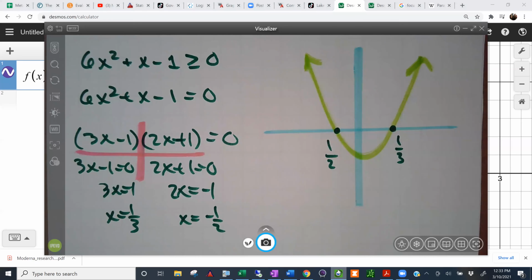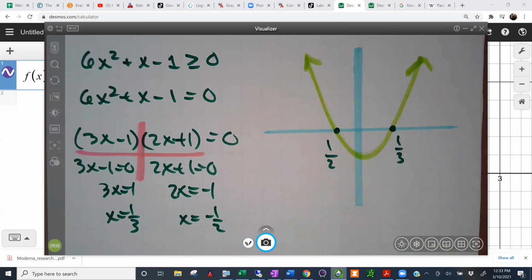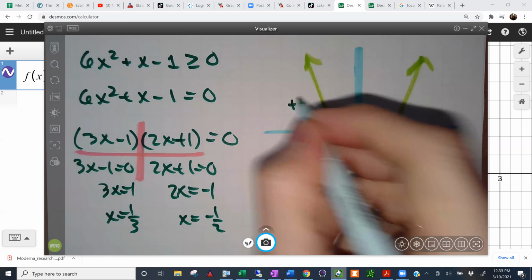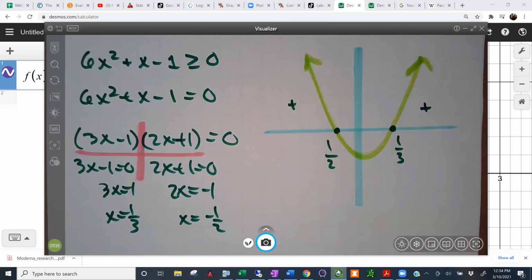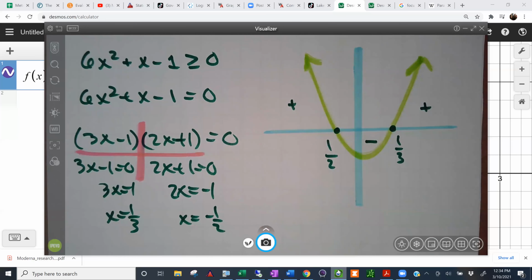To solve the problem, what we're interested in is finding out where this graph is greater than 0. That is, where it's above the x-axis. And it happens at a couple places. It happens to the left of negative 1/2, where the function's positive, and to the right of 1/3, where the function is again positive. In between, the function is negative.